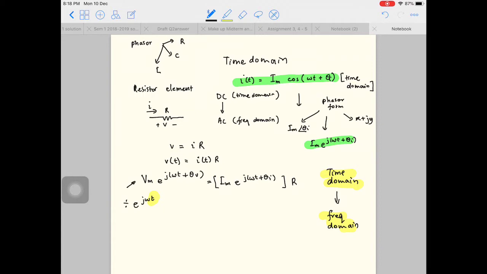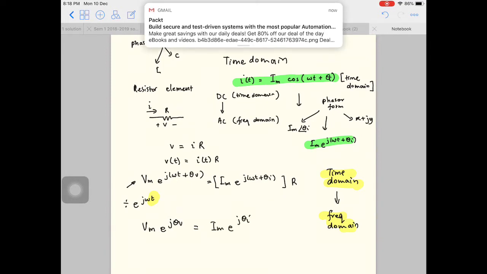If we divide that, we will get Vm e^(j theta v) equal to Im e^(j theta I) times R.